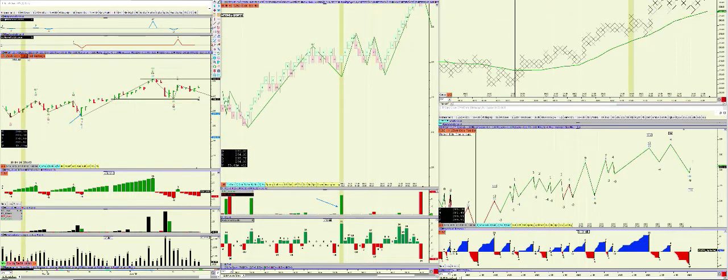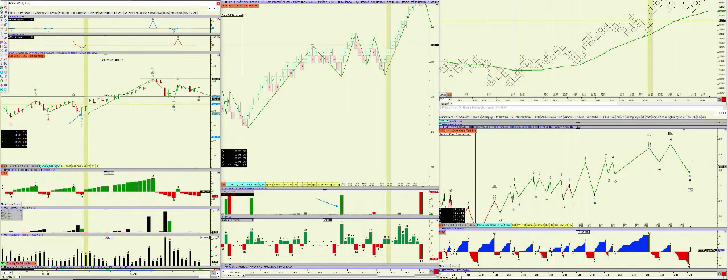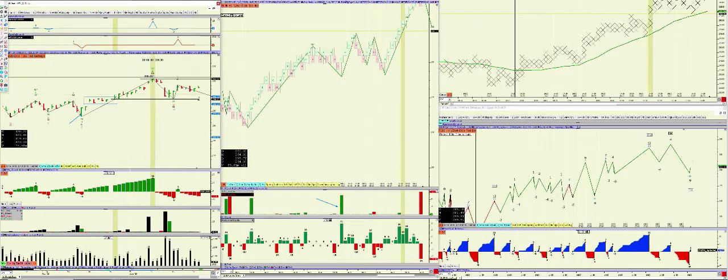How do you know? It's right there. Absorbing these highs, and then that bang was the signal to go, that it's going to go. Why? It's increasing range, increasing volume, bigger than the rest, and it did.